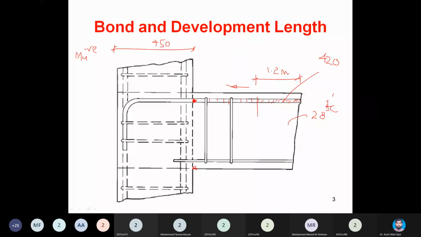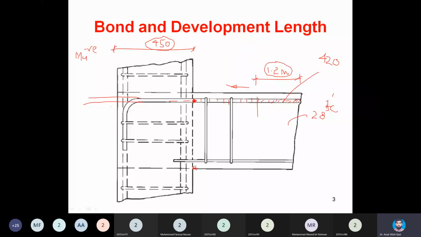It is gripped now. Similarly, on this side, you must have a length not less than 1.2 meter if you go straight. But if you go straight, your column is hardly 450. And if you go straight, you will get outside the column. And your grip length is hardly 450 then.